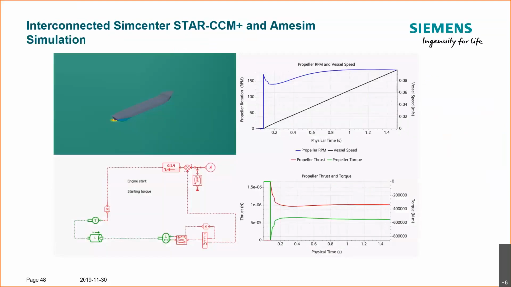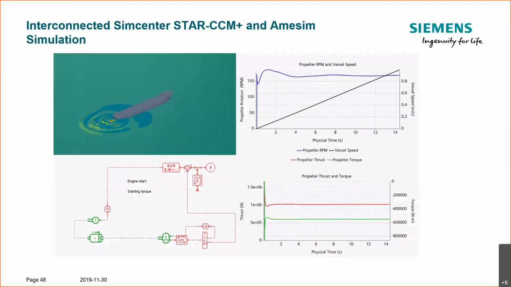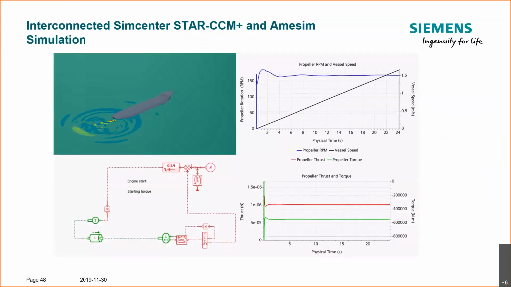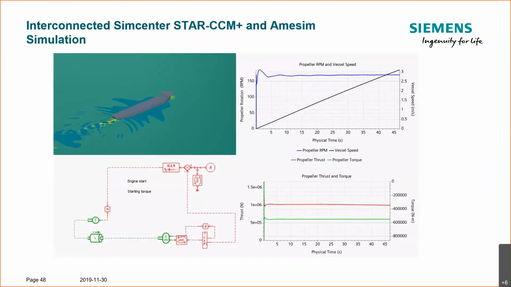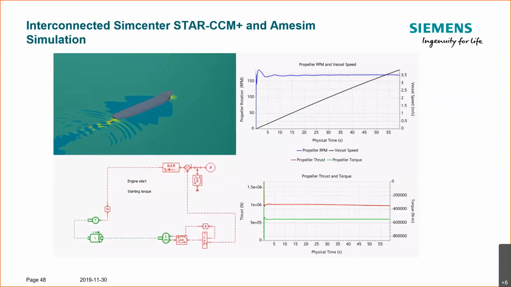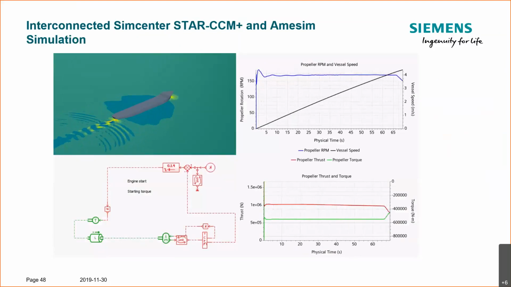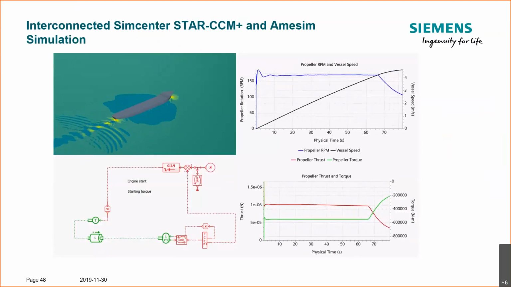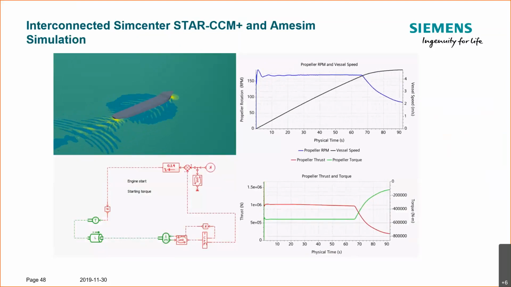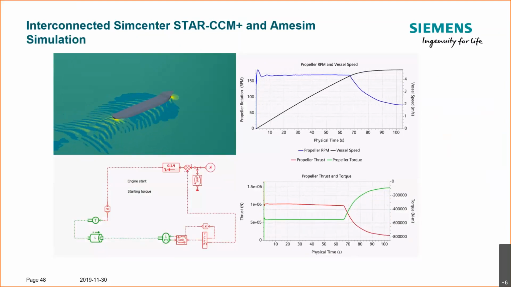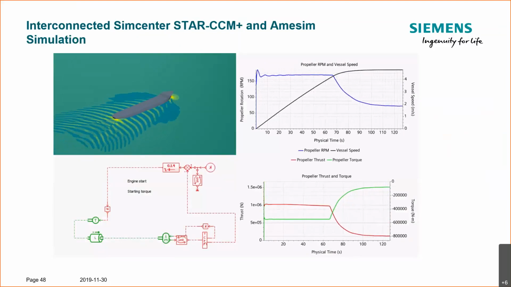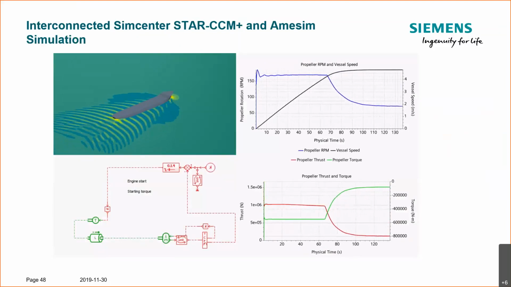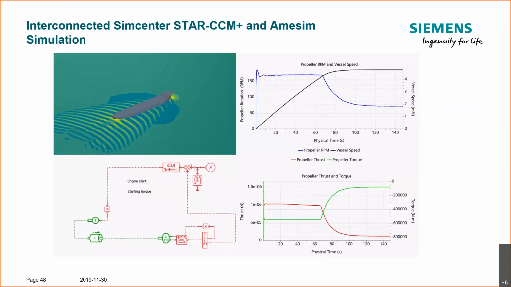And I just want to show one example here that was created by our application specialist for marine, Miles Wheeler, and Romain Nicola from the AIMSIM side. What we see here is basically a ship starting from rest, and as the bollard pull condition is being overcome, a torque controller is basically regulating RPM, and this can be used between AIMSIM and StarCCM Plus.